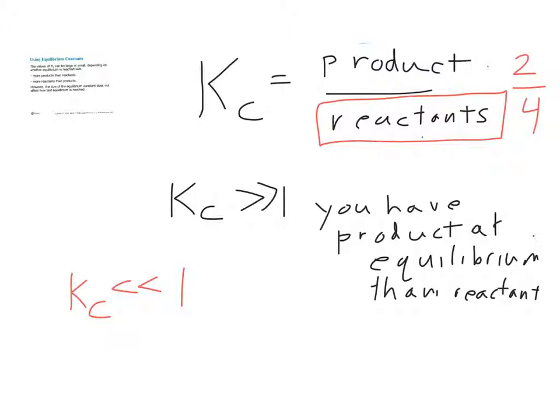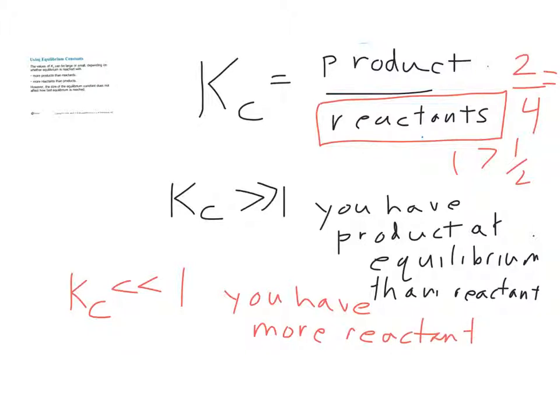More reactants than products is 1/2, and 1/2, of course, is less than 1. So whenever you have a value for your equilibrium constant that is much, much less than 1, you have to have more reactant than product at equilibrium.